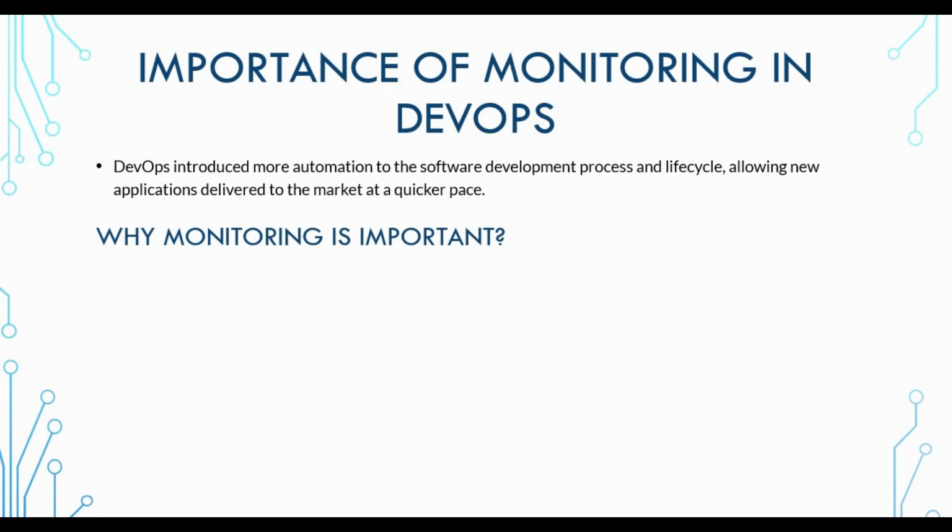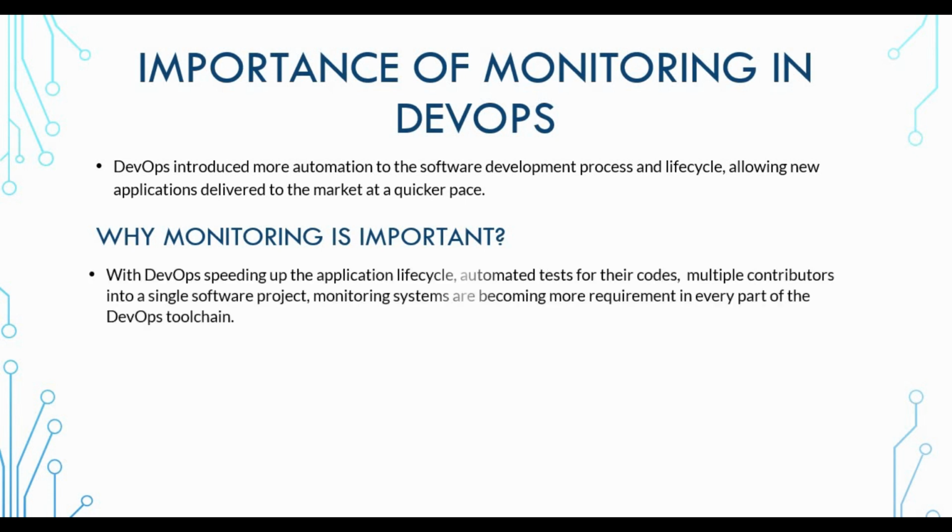So that's what we are going to talk about: the importance of monitoring. Because of DevOps we are speeding up the application lifecycle, and we are using a lot of automated tests in the code, right? Also, you have multiple contributors working on a single software project. You have multiple developers checking in, checking out, and merging.